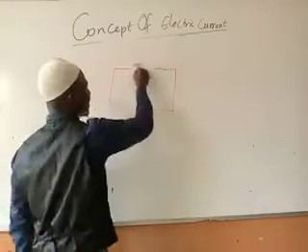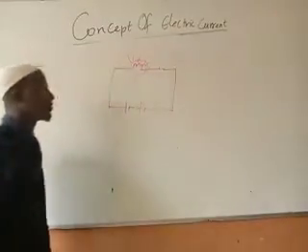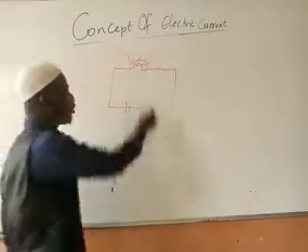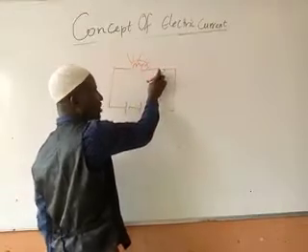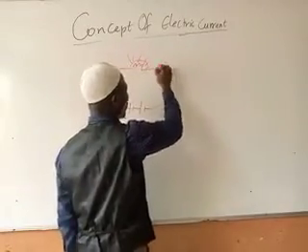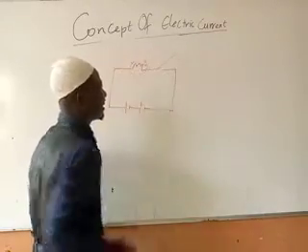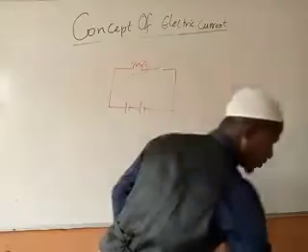In that case, this bulb will glow. It will bring out what? Light. So therefore, this one is called closed circuit because the key is closed. Then we have open circuit when this one is open. Open it like this. Then this one will not bring out light. Then the third one is short circuit.